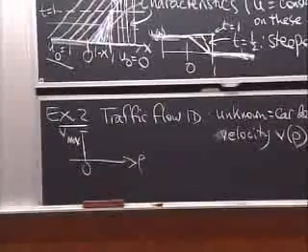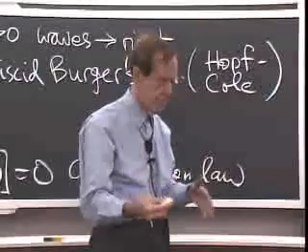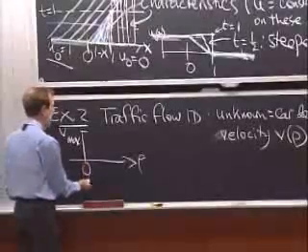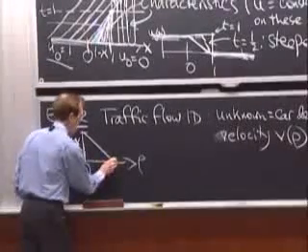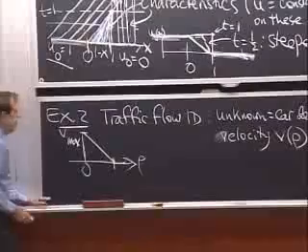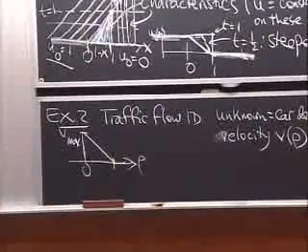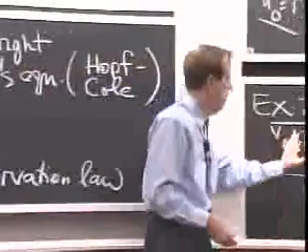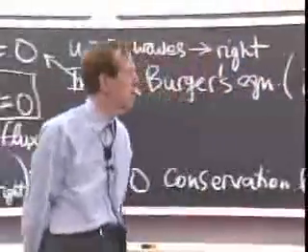But as the road gets crowded, the velocity drops, and maybe drops linearly. That would be a possible and not that terrible relation between v and rho.